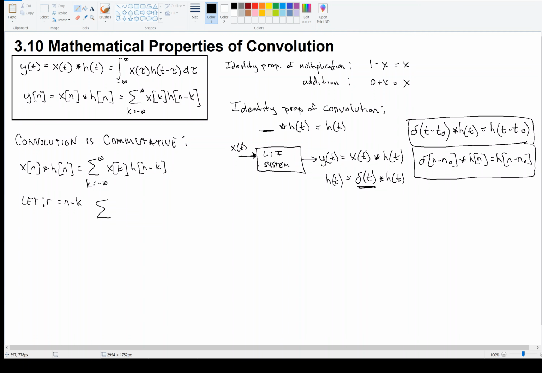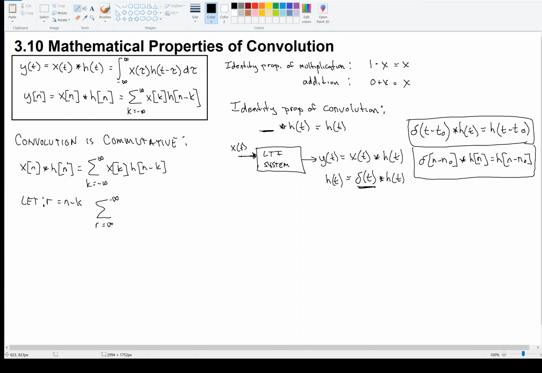My cat is in the room right now, so you might hear him meow. But I'm going to try to get rid of k. When k is minus infinity, n plus infinity is just infinity, so r equals infinity. And when k is equal to infinity, this is n minus infinity, so r is minus infinity.